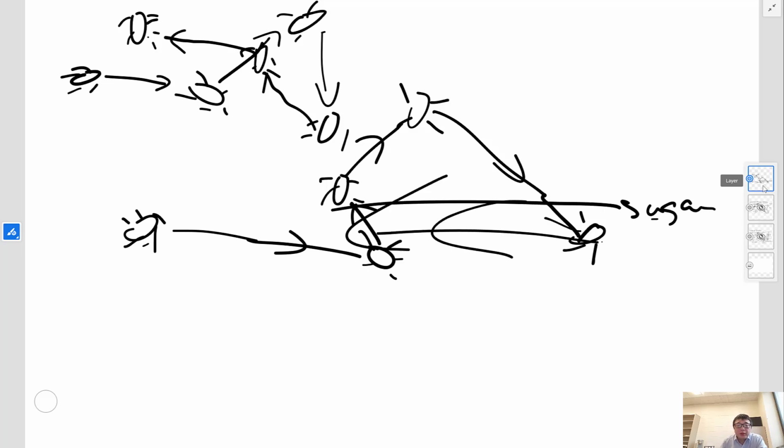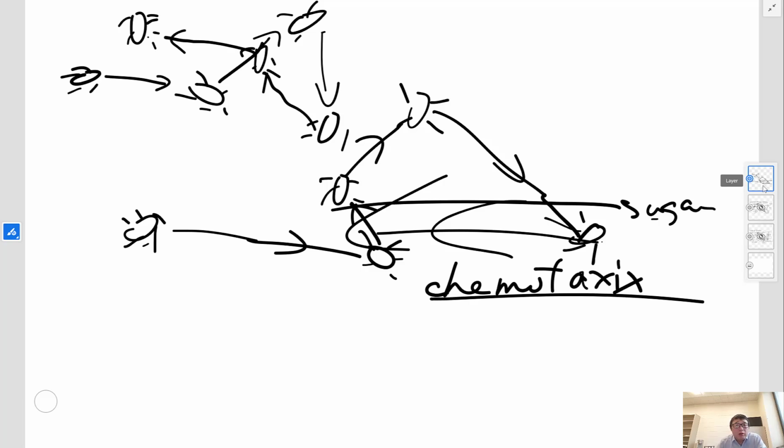This bacteria is attracted to the sugar, and this is called chemotaxis.